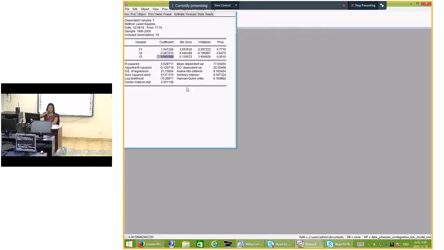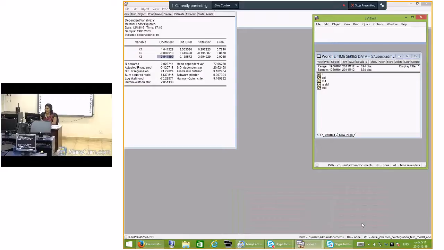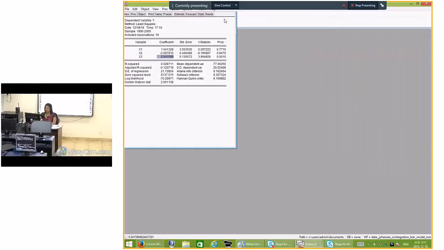So if we use non-stationary data as it is, we need to test whether the series are stationary or not. There is another data file here, with CPI, M1 and residuals, the same type of data.